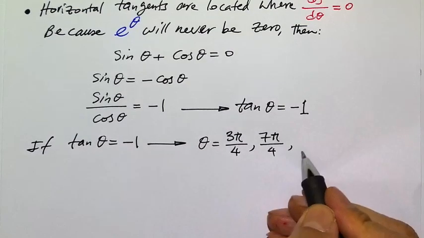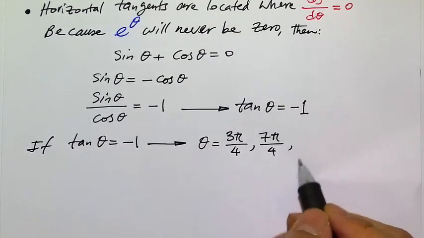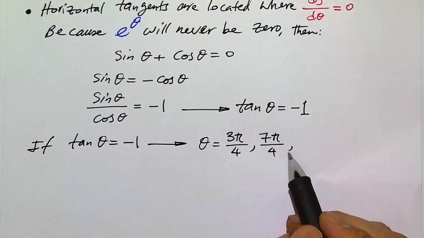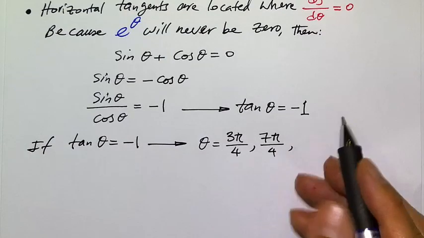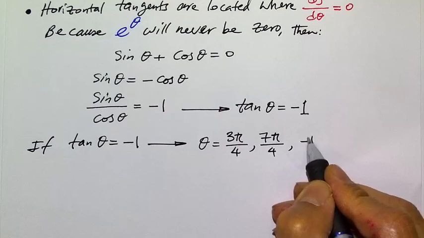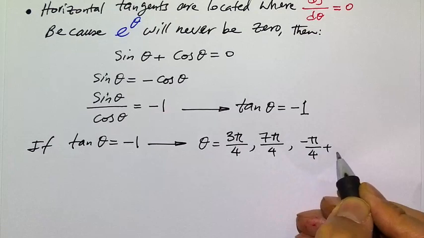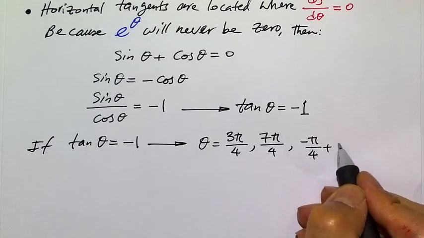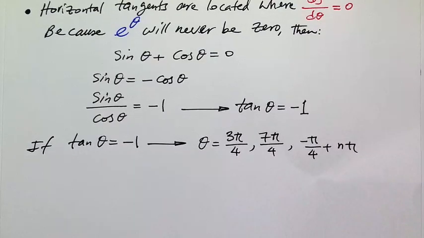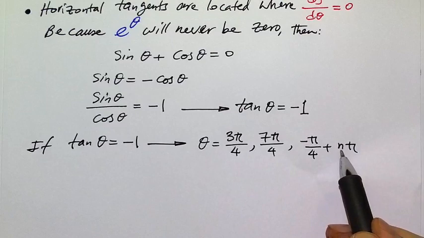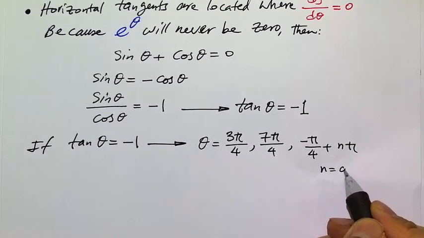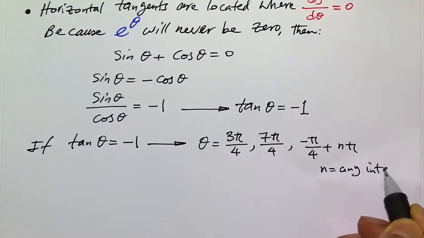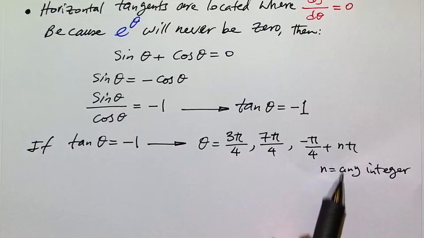Okay, so more generally we can write this as minus pi over 4 plus n pi, and of course n is any integer.